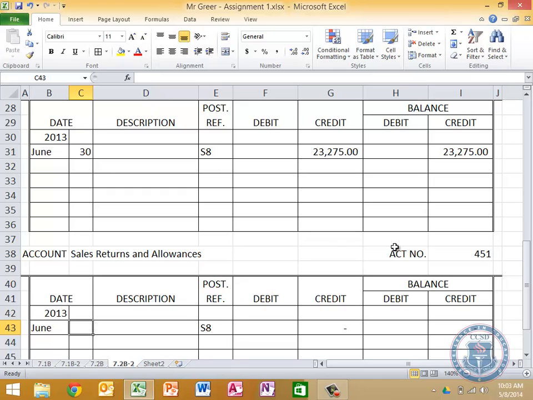What was the date of our first sales return and allowance? The 11th. Good job, Kendra. June 11th. We're going to be on journal page 26. And since it's a return, what kind of an account is it, Levon? You had this right before.